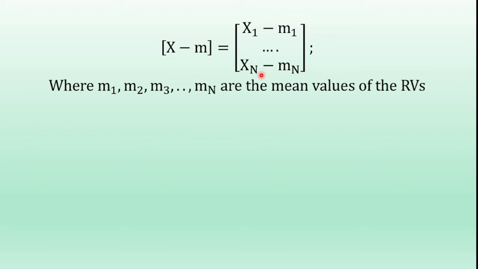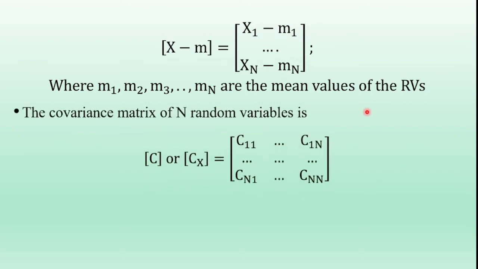Here small m1, m2, and so on up to mn are the mean values of the random variables. So m1 is equal to expectation of X1, m2 is equal to expectation of X2, m3 is equal to expectation of X3, and mn is equal to expectation of Xn. The expectation of X1 is also denoted as x1 bar, expectation of X2 as x2 bar, and similarly expectation of Xn as x_n bar.